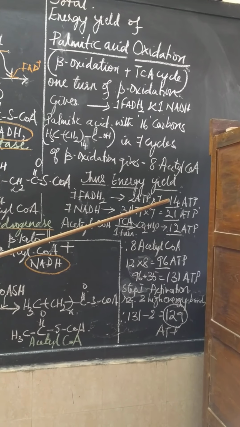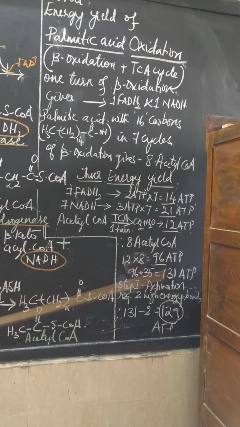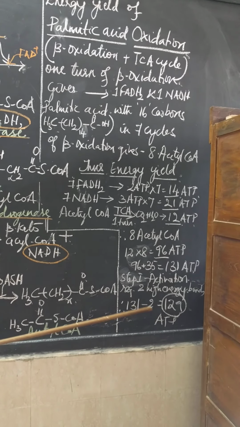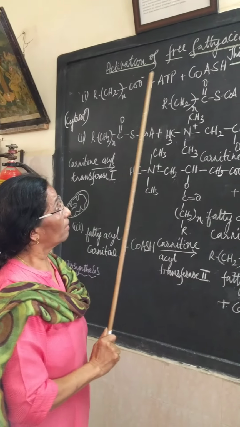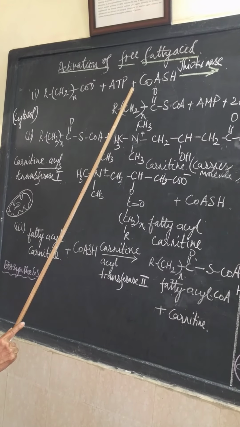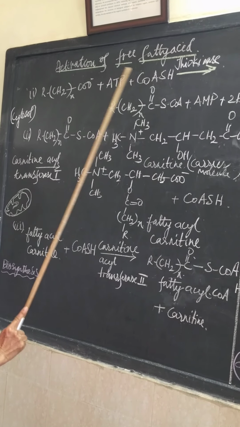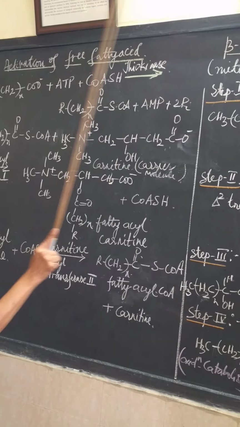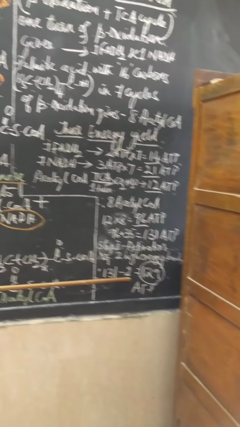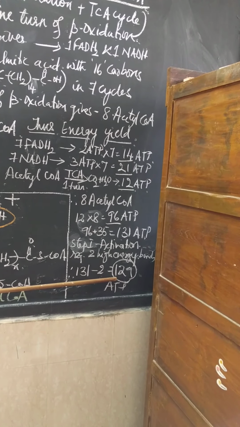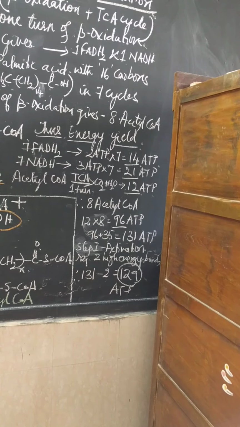When I add the ATPs from here, here and here, I get a total of 131 ATPs. In the first step, the activation of free fatty acid, which happened in the cytosol, remember, we used 2 high energy phosphate bonds, therefore I am going to subtract 2 ATPs from this 131, so I get a total of 129 ATPs.